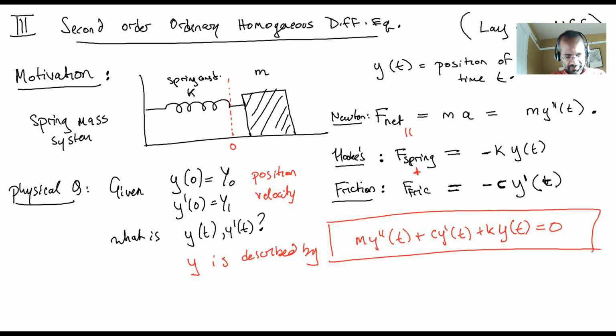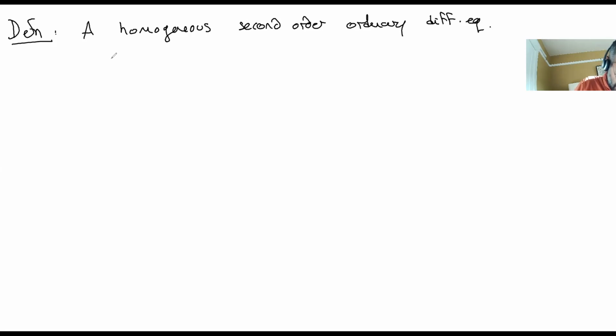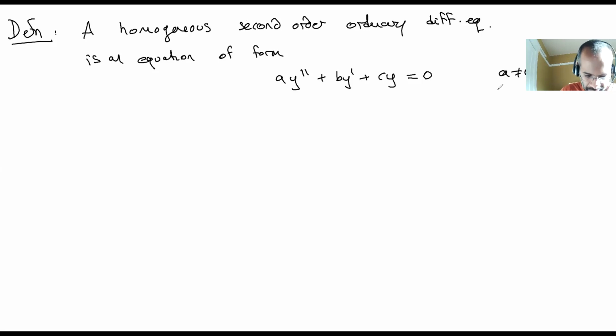So let me now define the model. The definition: a homogeneous second order ordinary differential equation is an equation of the form a y double prime plus b y prime plus c y is equal to 0, where a is not 0 and these are real numbers, and y is an unknown function.